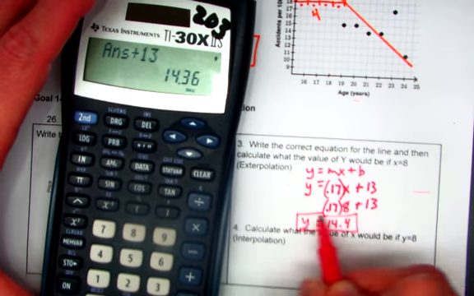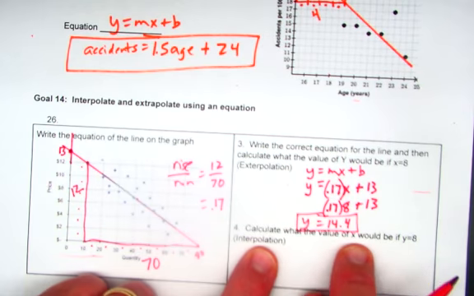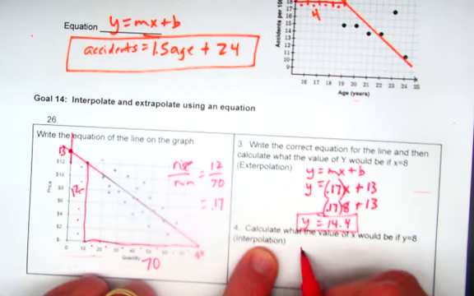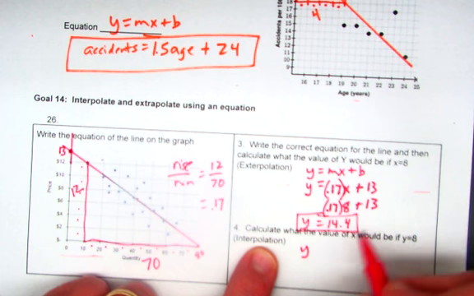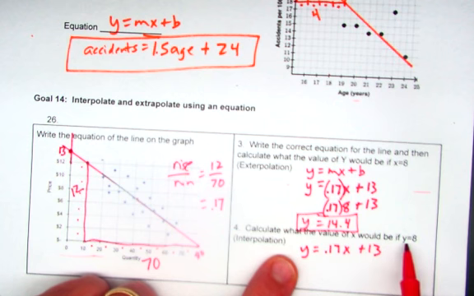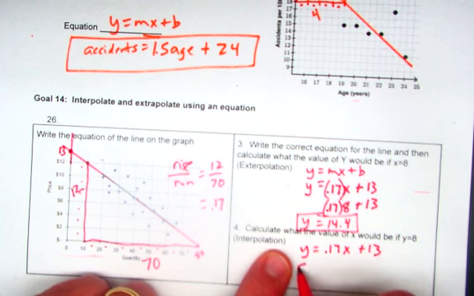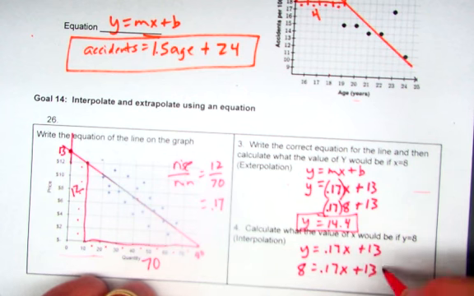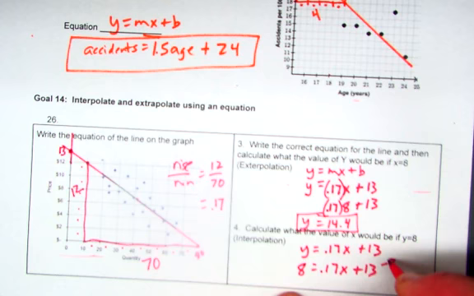Now, calculate what the value of x would be if y equals 8. I'm going to write my equation down again, 0.17x plus 13. Now they're giving me y is 8, so I'm going to plug 8 in here and solve for x. What I need to do is subtract 13 from both sides.